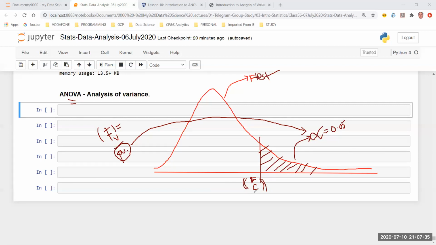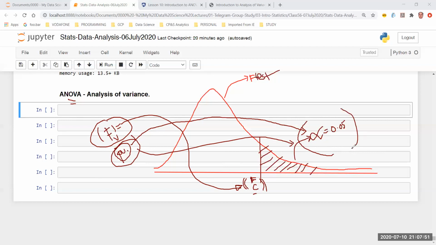If I get the critical value, I can compare this value with the critical value, just like I did in the case of the Z test. Or if I get the P value, I simply compare that with the significance level. When I do the comparison, I come to know if I can accept or reject the null hypothesis.